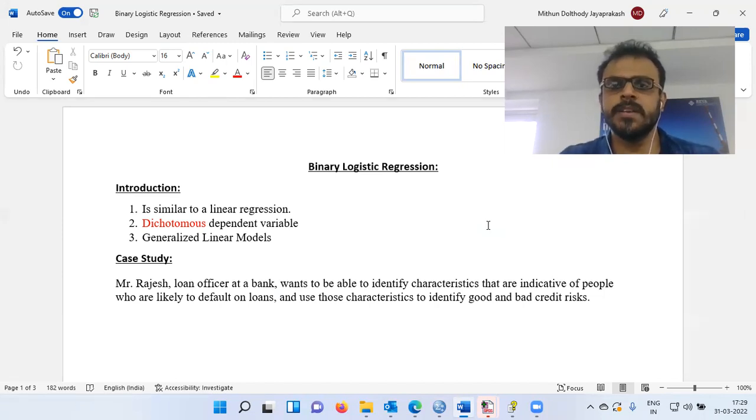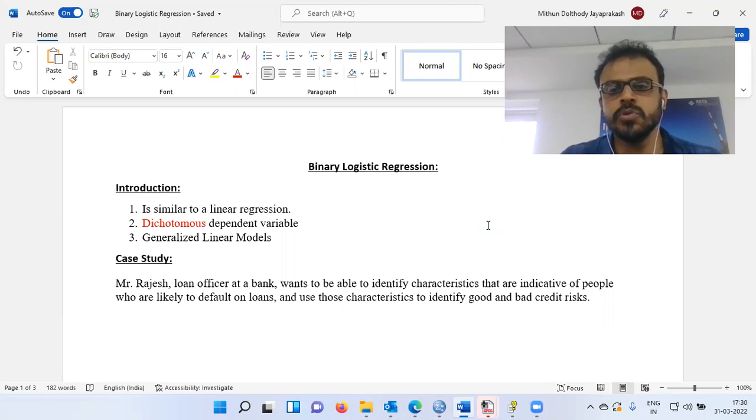To explore binary logistic regression model, I will be using a case study. This is called as a bank loan case study. Here, we have a hypothetical person by the name Mr. Rajesh. He is working as a loan officer at a bank, and he wants to be able to identify the typical characteristics that are indicative of people who are likely to default on loans.